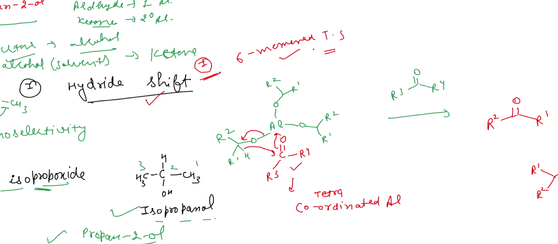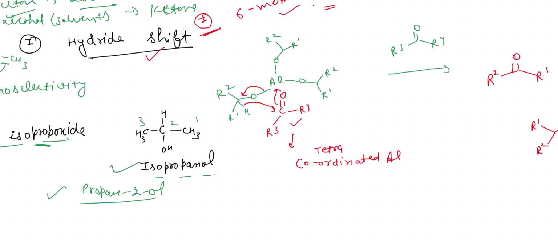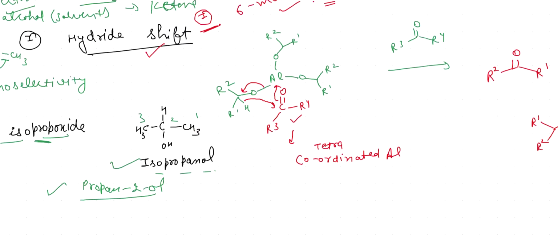I will just make the transition state. Transition state is the state in which we show the bonds which are forming and the bonds which are breaking. Okay.